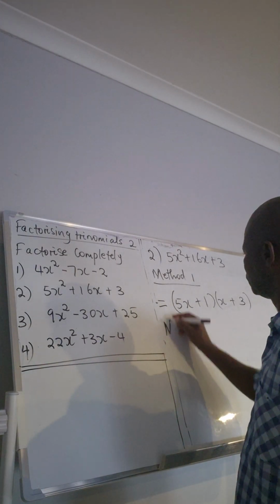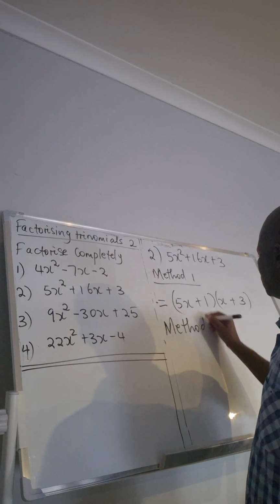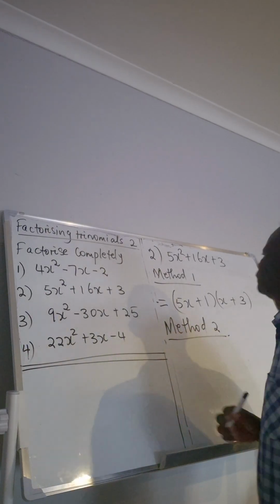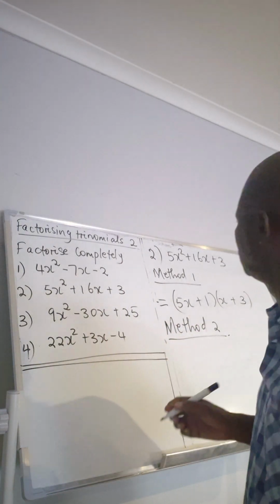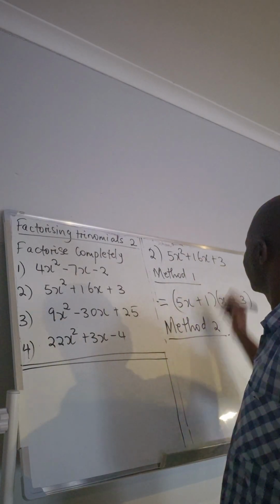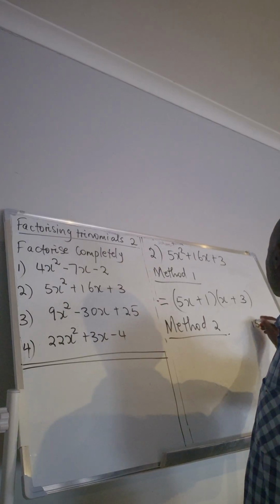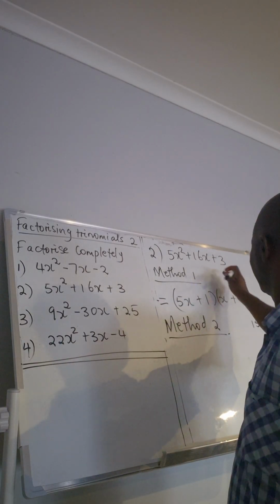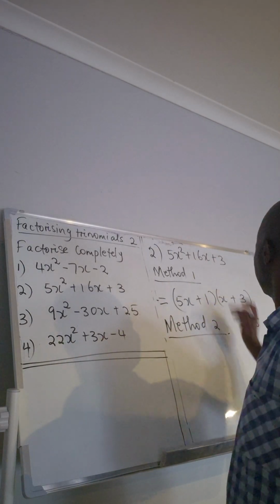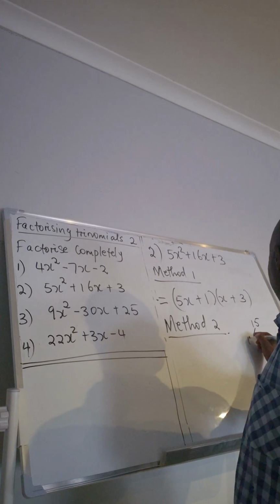Right, method 2. You are going to multiply 5 times 3. Then you get 15. So you are going to break this 16 with the factors of 15.